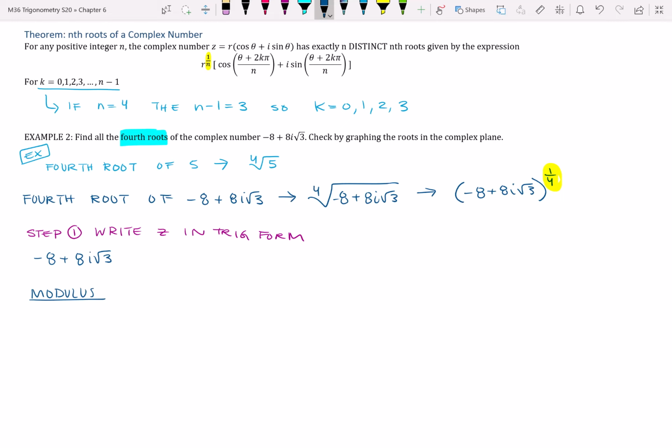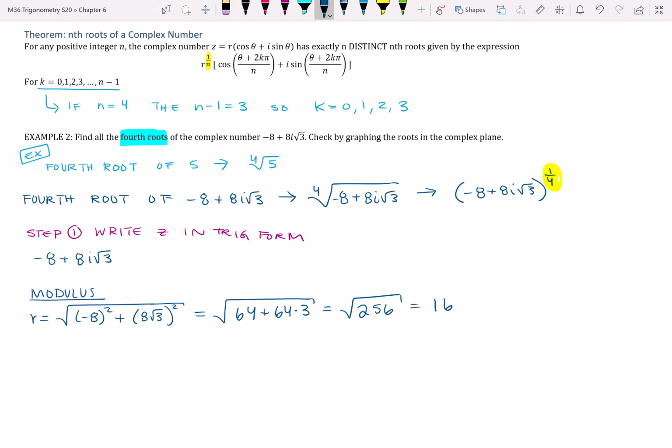So we get r is equal to the square root of negative 8 squared plus 8 square root of 3 quantity squared, which is going to give us the square root of 64 plus 64 times 3, the square root of 256, which is going to equal 16.